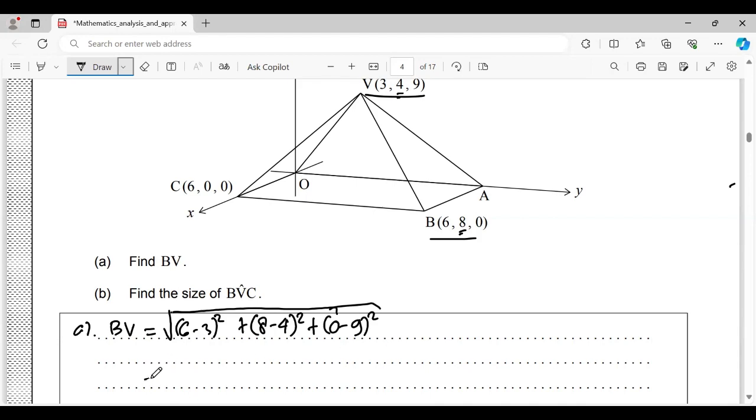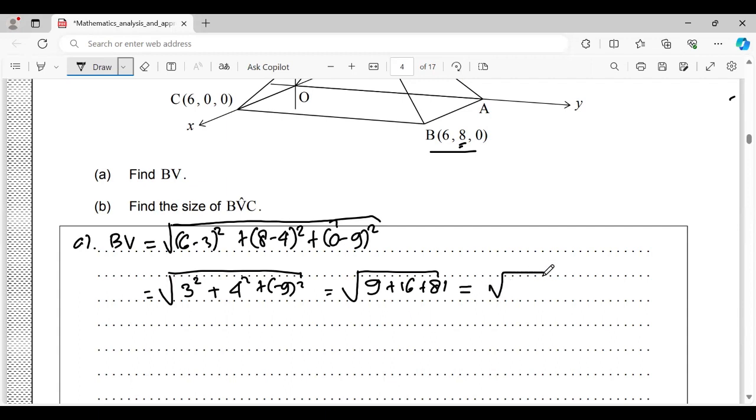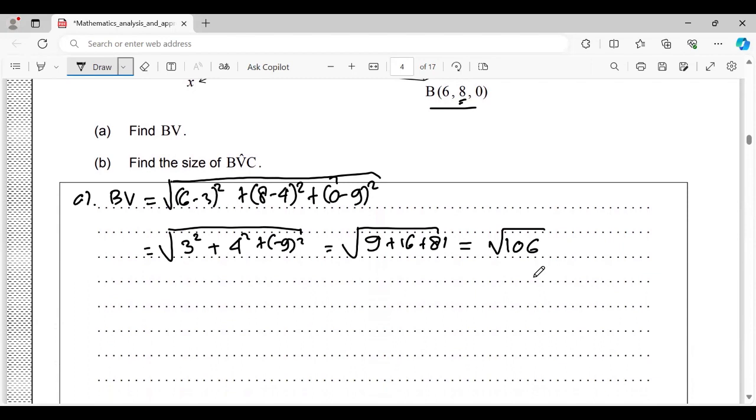So it becomes square root of 3 squared plus 4 squared plus minus 9 squared, which is 9 plus 16 plus 81. So it's going to be square root 106. This is BV.